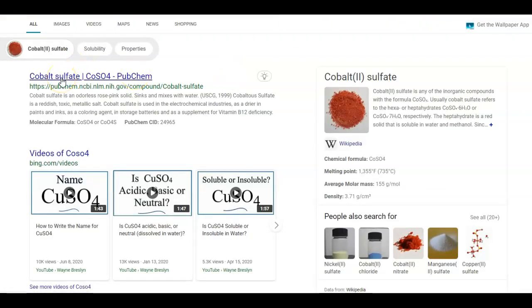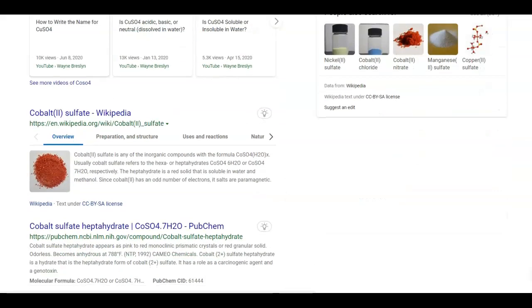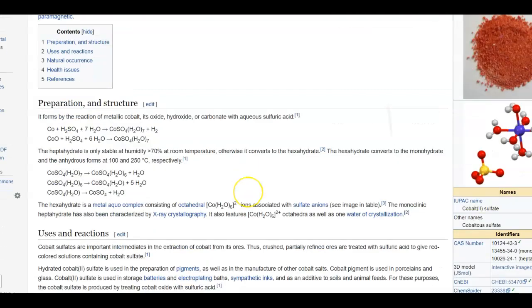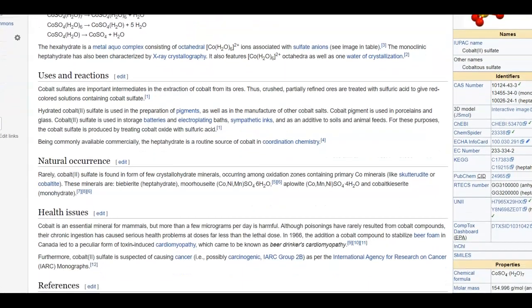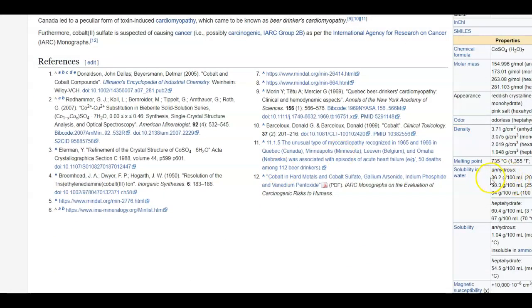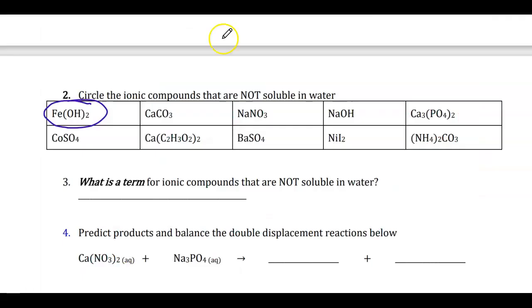It's cobalt sulfate, and you can try Wikipedia, right? I will open it, and here it will be solubility in water. Solubility in water, pretty much, so it is soluble, right? So it is soluble, so we're not going to circle it.